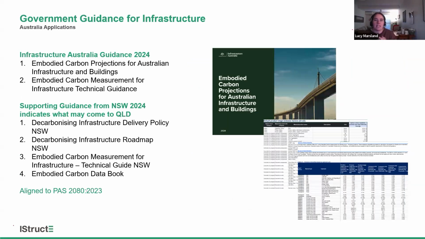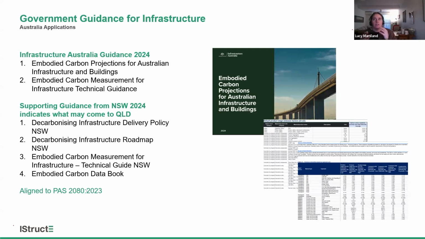So starting with government guidance, this is really late 2024. We saw Infrastructure Australia building on Infrastructure New South Wales measurement guidance come out. And in some ways, they both refer to the PAS 2080 standard, and in some ways are trying to play a similar role in providing quite explicit direction about how to measure, and then providing supporting emissions factors to be used on projects.